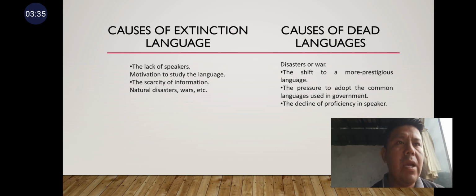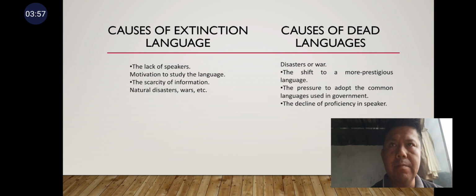And what are some causes of a dead language? Also natural disasters or wars, the shift to a more prestigious language, and the pressure to adopt a common language used by governments.